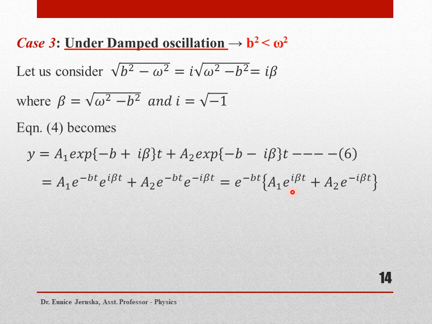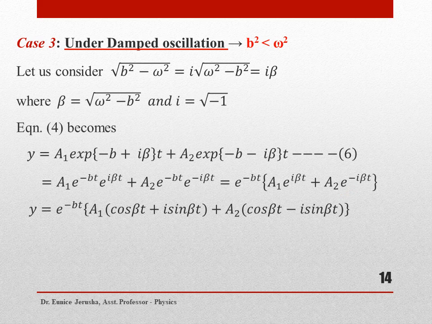E power i beta t and e power minus i beta t can be expanded and written in the form of cosine and sine terms. Therefore, in our next step, we have e power i beta t written as cos beta t plus i sine beta t, and e power minus i beta t is written as cos beta t minus i sine beta t.